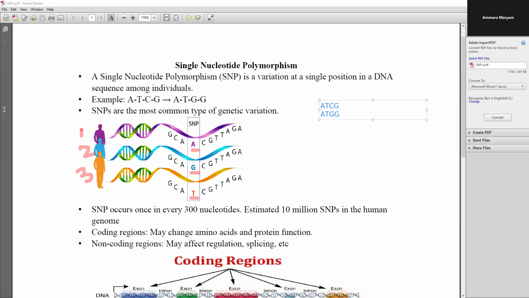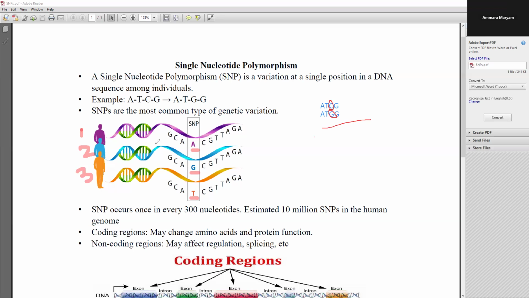Here you can see at this particular position, many individuals have this C, but you have this G.